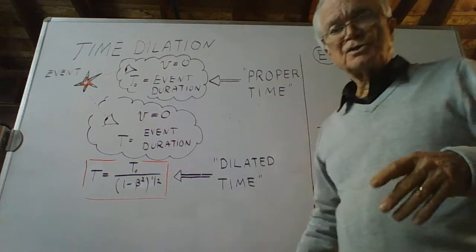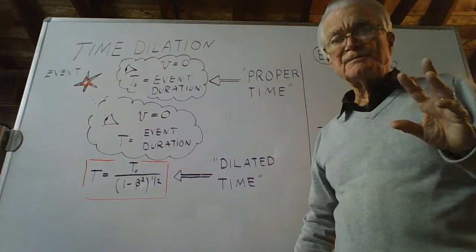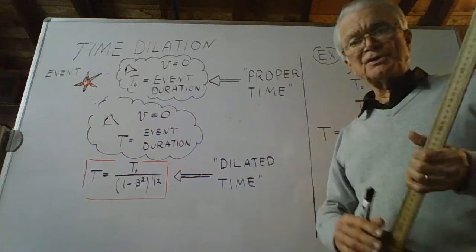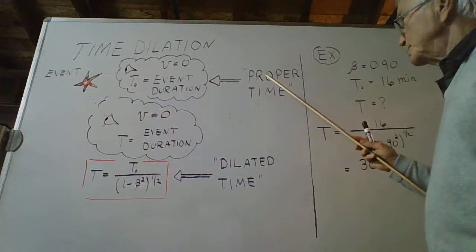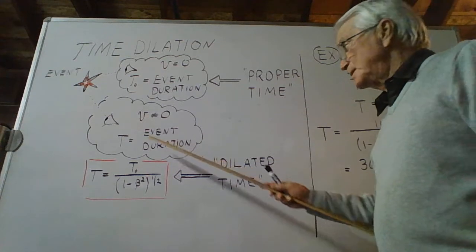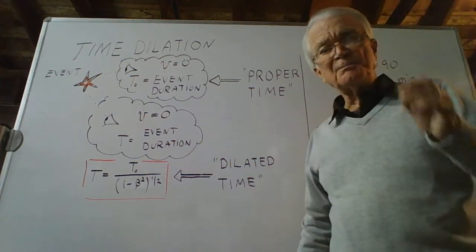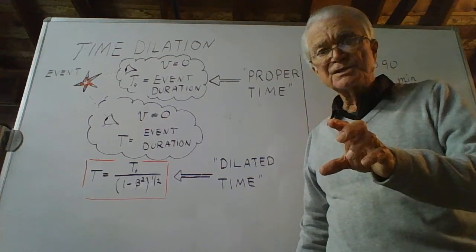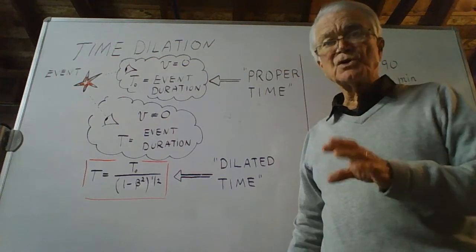Now, the two different situations, the two different times that are measured are related to each other. We first described what was called the proper time, and now we've just described the time observed by a person who's moving relative to that place where the event is occurring.